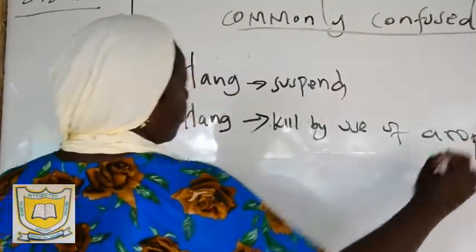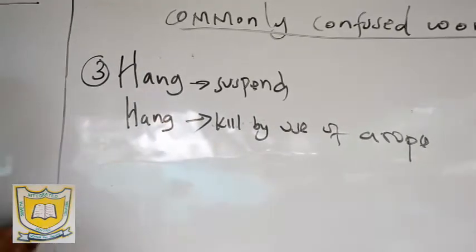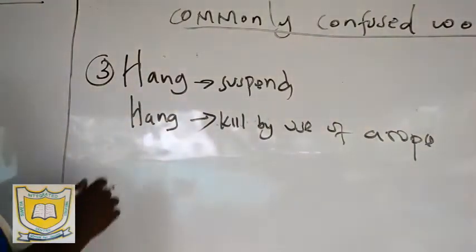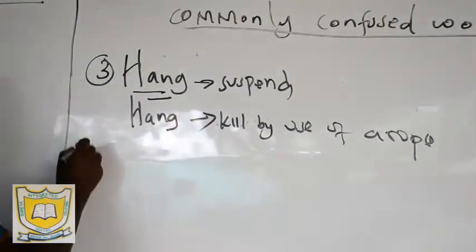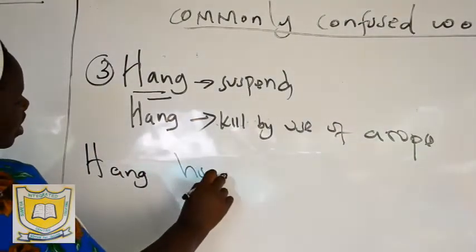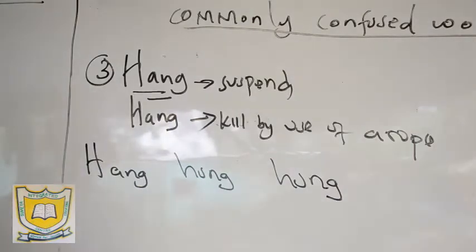Now, when it comes to this, what confuses most learners is the present tense, the past tense, and the past participle. So you are going to go with hang for one, to suspend. So the present tense is hang, the past tense is hung, and the past participle is hung.